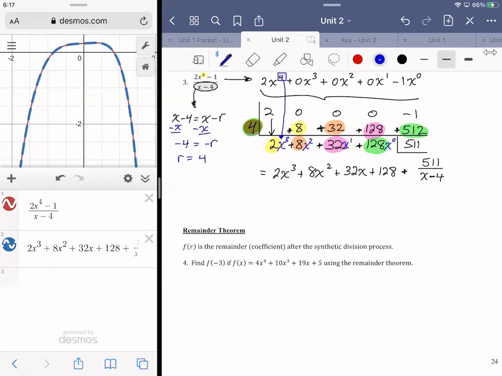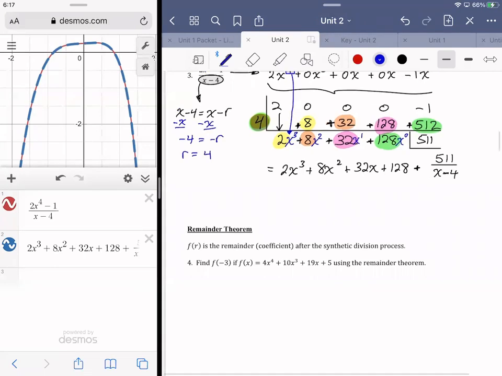Evaluating a function, if you remember, is you plug a number into the function and simplify, and you get an answer. The remainder theorem will give us that also. And oftentimes, with a fairly complicated looking function, it'll give us reasonable computations to get our answer.